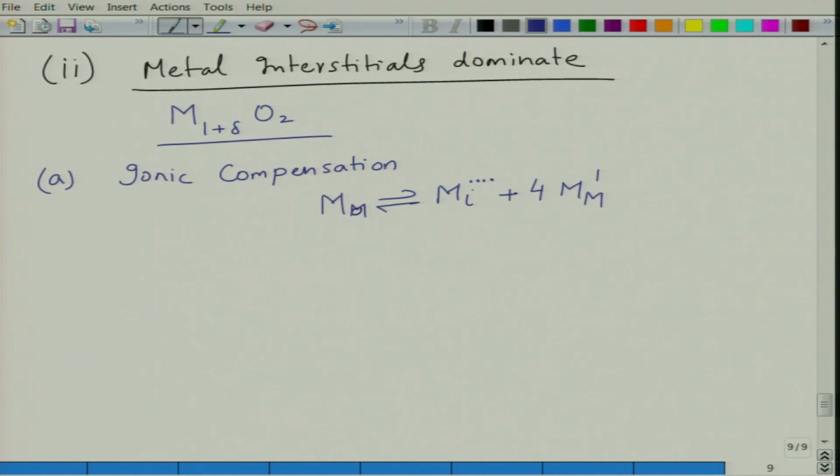Not the metal from the metal site; it is a metal which comes from outside, the metal excess. Metal excess will mean you are putting in more metal.